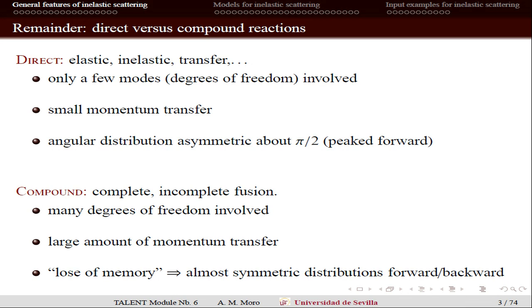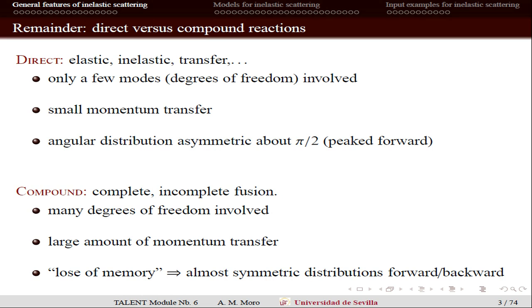We are now trying to study a specific kind of reaction that is inelastic scattering. Inelastic scattering is an example of a direct reaction. You know that we have direct and compound reactions, and this division is done according to the typical time scale in which the process takes place. A direct reaction comprises elastic, inelastic, transfer.